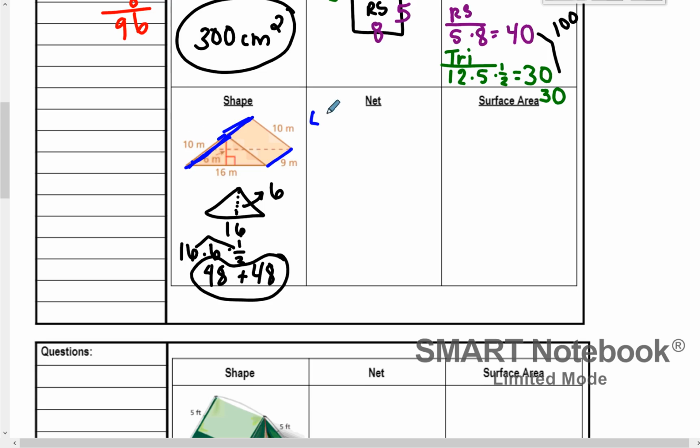So for this left side, we're going to have a 10, and then that distance going back, which you can't really see, going back right here is going to be 9 as well. So 10 by 9, which gives us 90. Then let's do that right side. The right side, we also have a 10 by 9, which is going to be equal to 90.